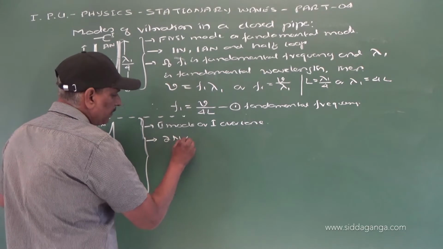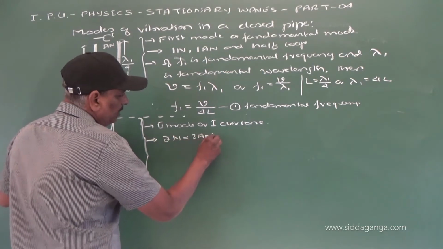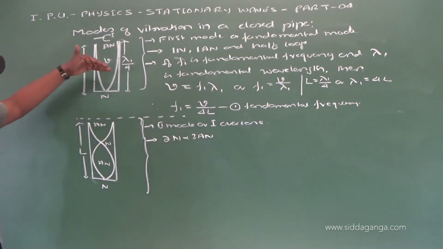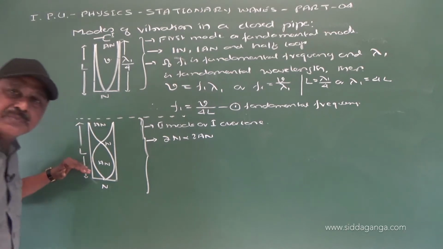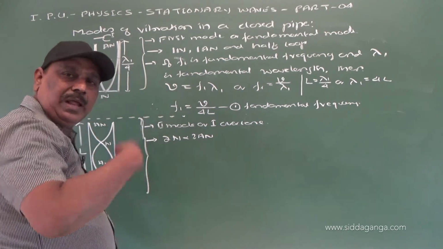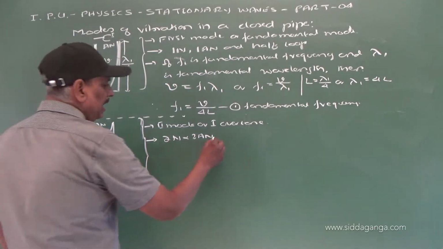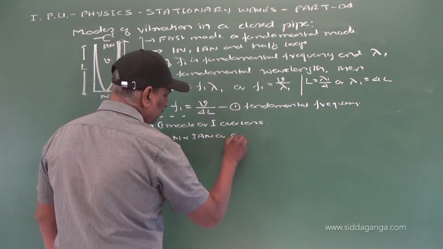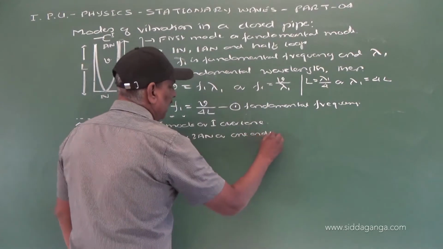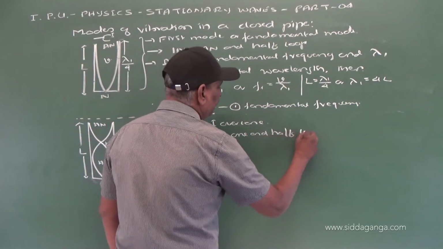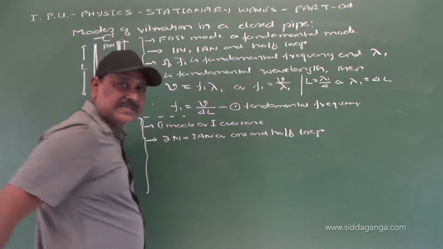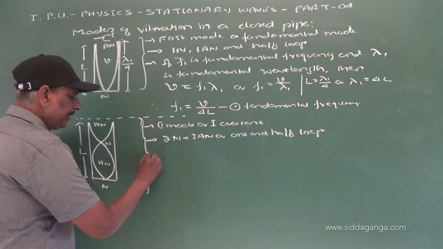Two nodes and two antinodes. So when we move from one mode to another, one node and one antinode will increase, and this is 1.5 loops or segments.